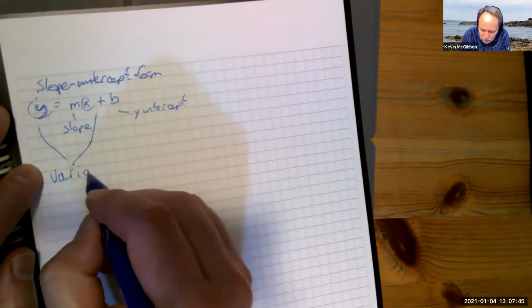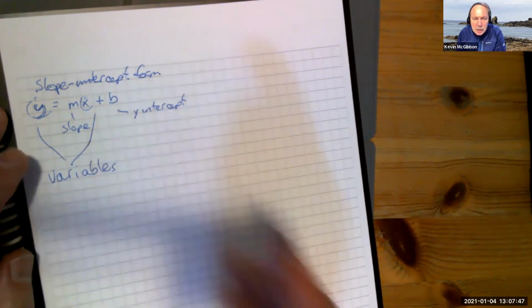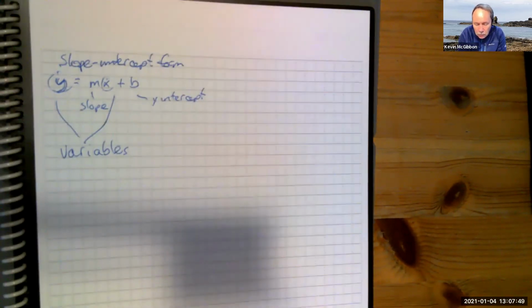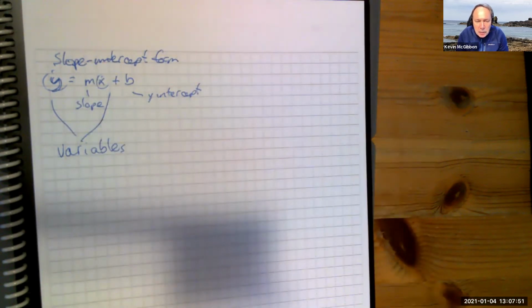And if we remember, variables can be multiple numbers. They can be the result of a formula, or they can be just a number that we plug in. Okay?